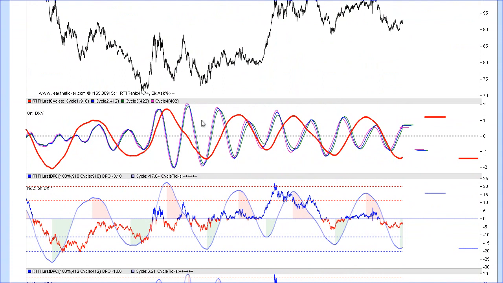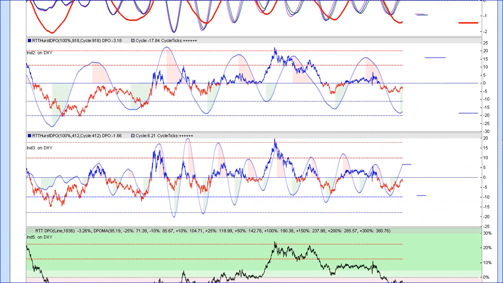So here we're going to focus on the small cycle. This is the tight cycle. This is the 400 to 412 cycle, and we're going to go down to our detrending price oscillator. So here we have our price base adjusted for the DPO in 412 days, and the cycle of 400 days. And as you can see here, the lows and the highs of the cycle swing is pretty good.